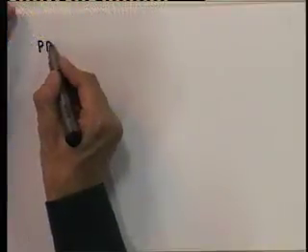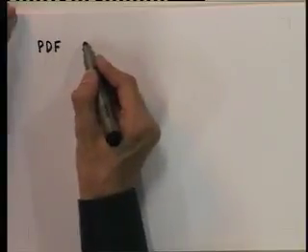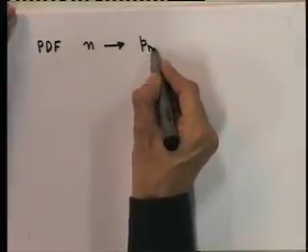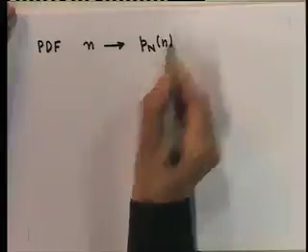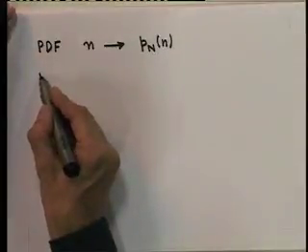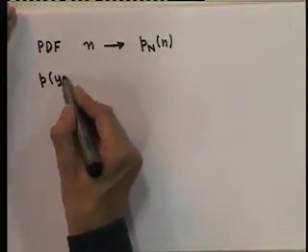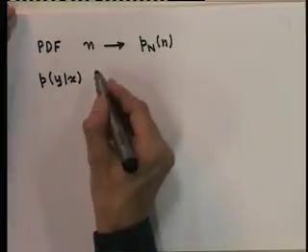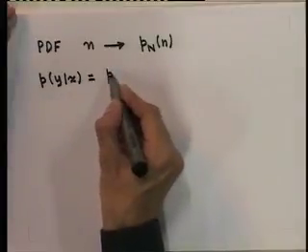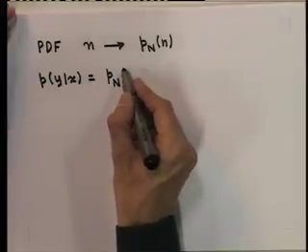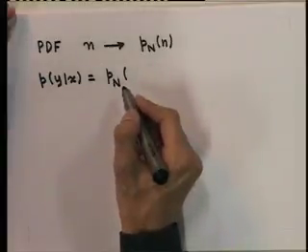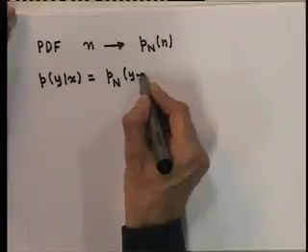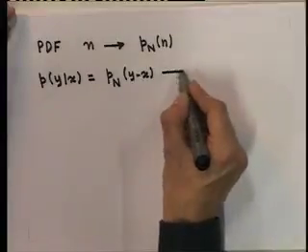So, if PDF of noise sample n is denoted by p_n, then conditional PDF p(y given x) is equal to PDF p_n(y minus x).